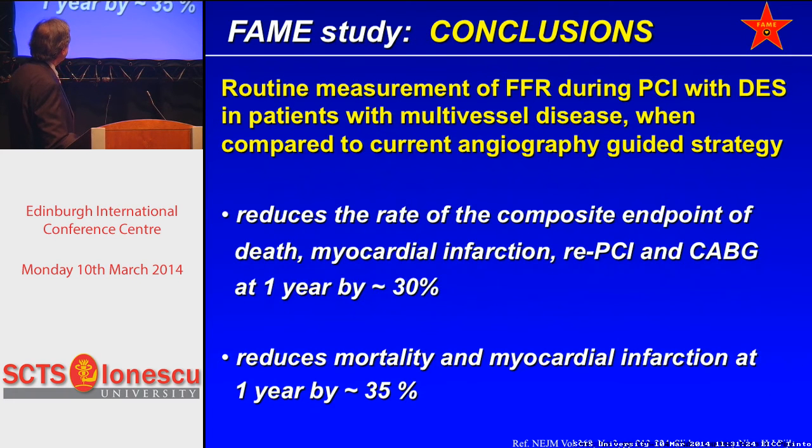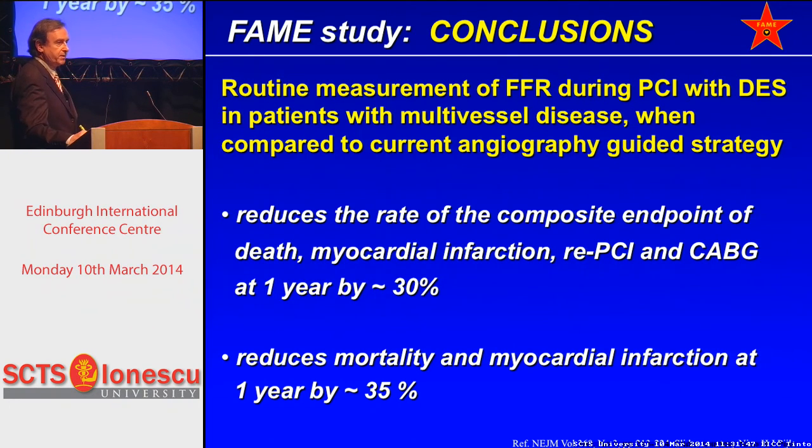angio-guided arm. And the results are summarized here: FFR reduces the rate of the composite endpoint of death, myocardial infarction, re-PCI and CABG at 1 year by 30% if you use FFR instead of angiography only, and reduces mortality and myocardial infarction at 1 year by 35%.